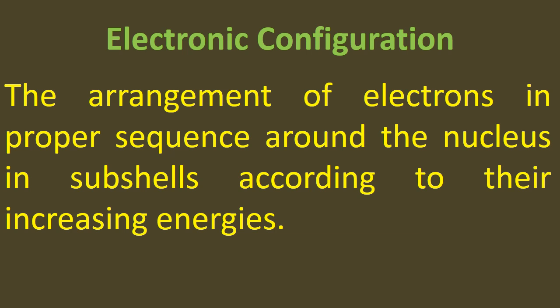Electronic stands for electrons and configuration means the arrangement. So here we will study how electrons arrange themselves around the nucleus in their energy levels. So can I say it is the arrangement of electrons in proper sequence around the nucleus in subshells according to their increasing energies.